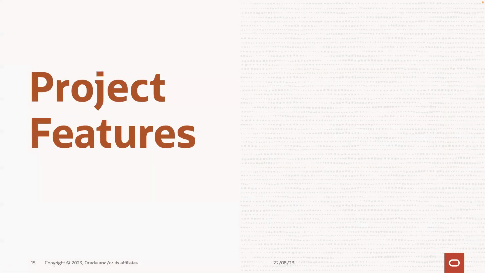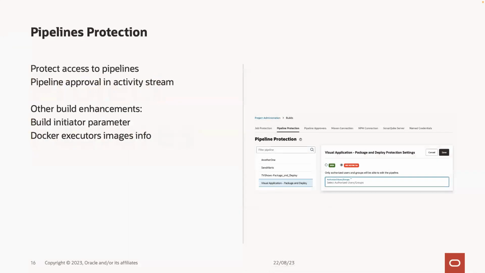There are a few new features also coming in the Visual Builder Studio release, again, coming hopefully toward the end of this month. One aspect is protection at the pipeline level. In Visual Builder Studio, you can define a deployment pipeline, or a pipeline that invokes several build jobs that do stuff. Up until now, you could protect specific build jobs.